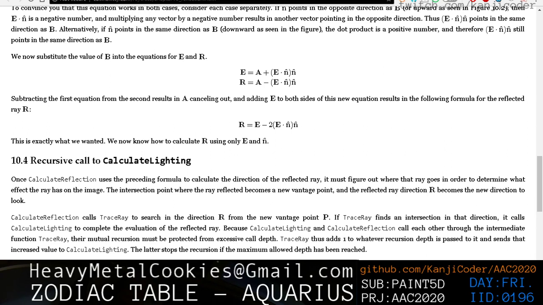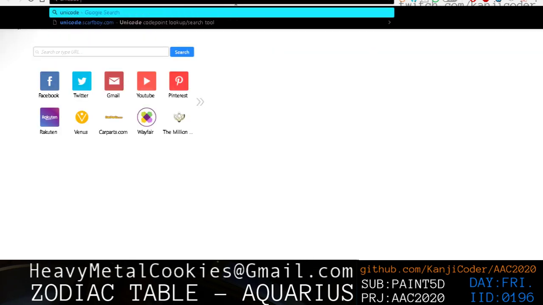So this formula is R equals E minus 2E dot... Can we steal the dot product symbol? Unicode dot product symbol.